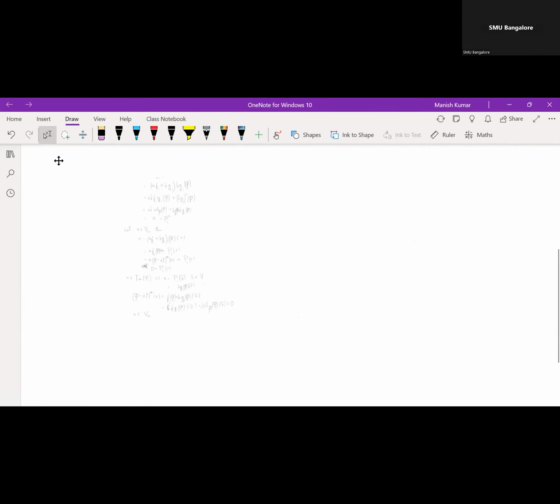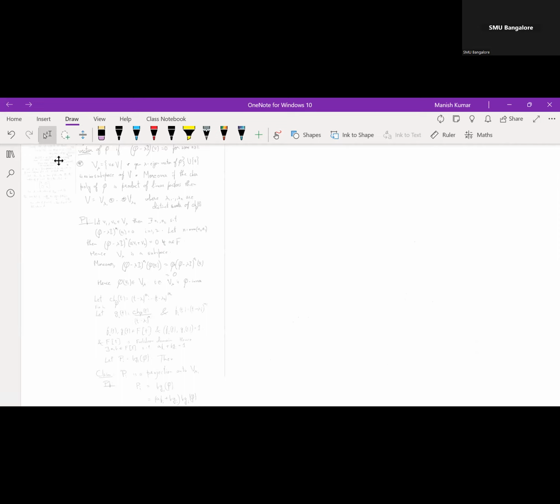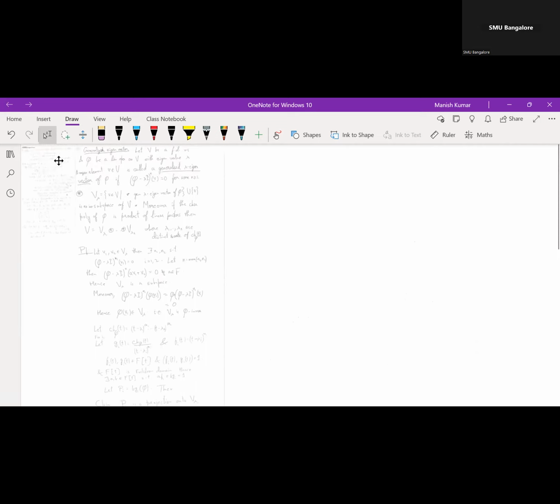Okay, good. So now we have proved that P_i is a projection operator. So now we will use it to show that we can decompose V into these things. Yeah.